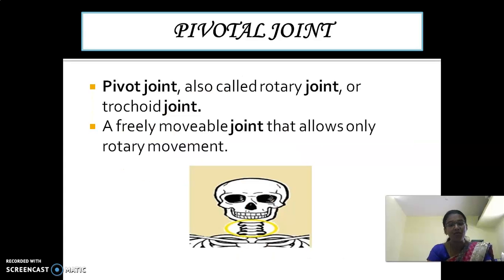And then pivotal joint. What is this pivotal joint? The joint present where the neck region is connected to our head, right? This joining is called pivotal joint or trochoid joint. Ball and socket joint is also called spheroidal joint, and it can move freely.